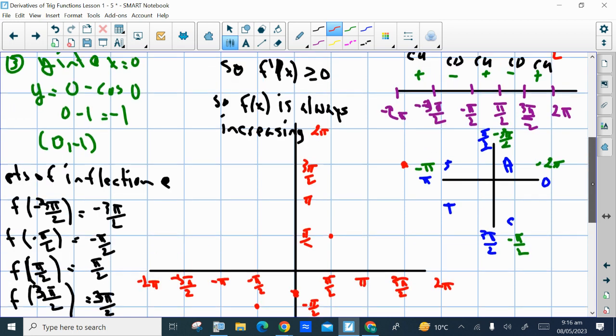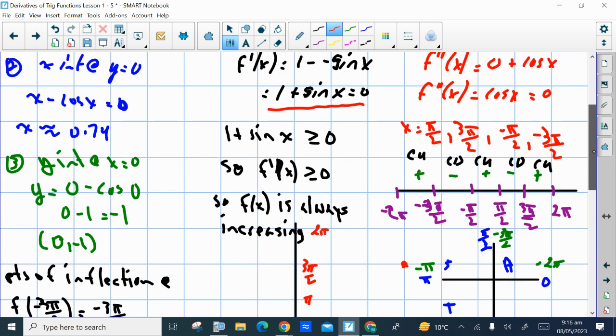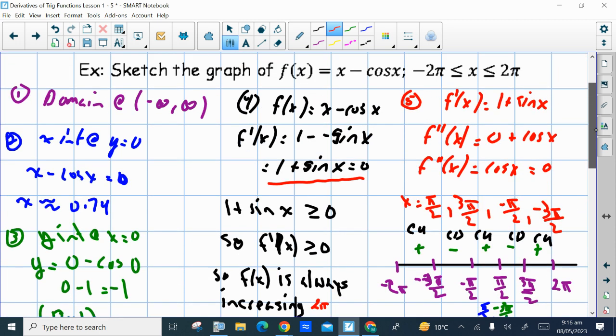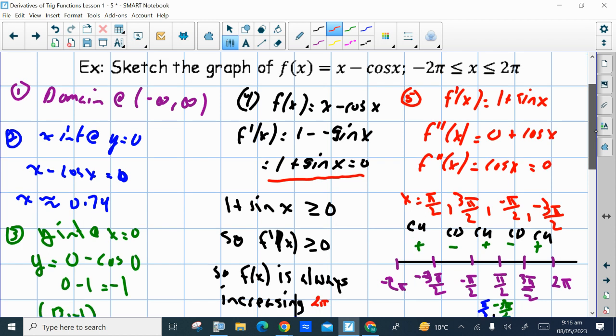We're going to start at negative 2 pi. That's our minimum. And the cosine of negative 2 pi will be negative 2 pi take away the cosine of negative 2 pi. It'll be negative 2 pi minus 1, because the cosine of negative 2 pi is 1.